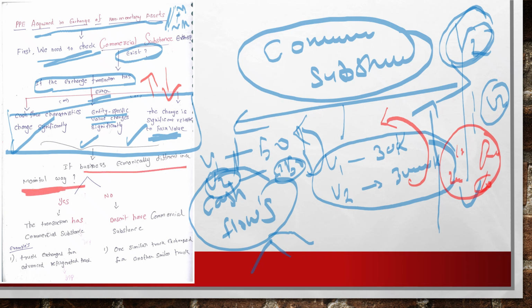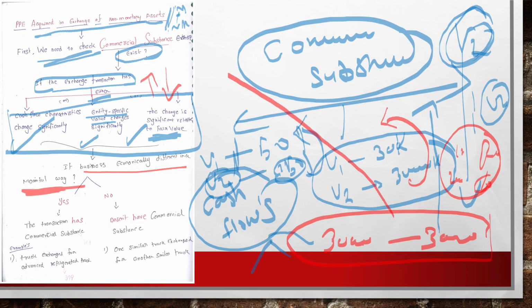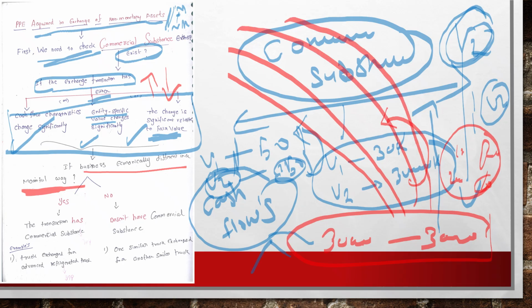Say suppose your customers increase from 30,000 to 300k, you should recruit more employees to service them, take more vehicles, and more infrastructure is needed to provide for these customers. All this will come, so your business will change meaningfully and economically. In that case, yes, the transaction has commercial substance.